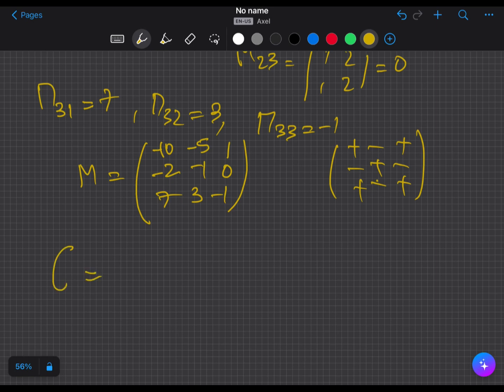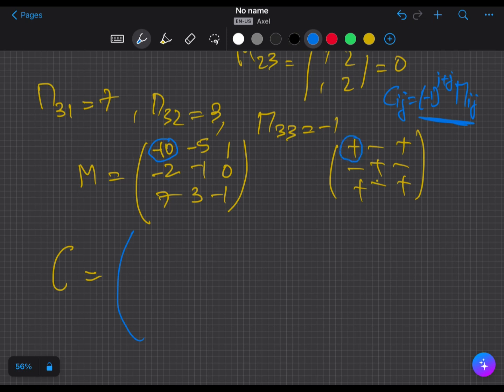So if I want to find the cofactor matrix, which is equal to what? Remember, we say that the cofactor equals minus 1 to the power i plus j times M_ij, right? So this expression is the same as multiplying this term here, minus 10, by its corresponding place sign.